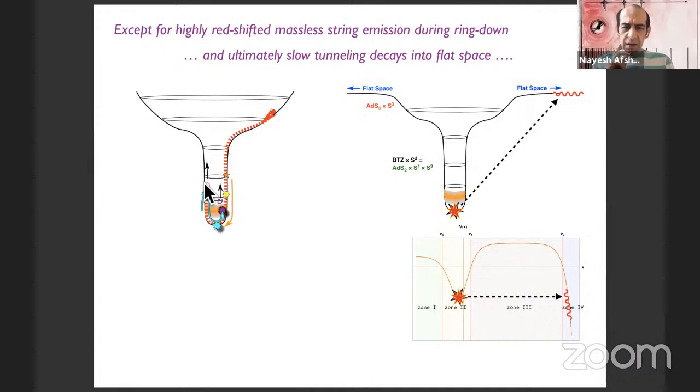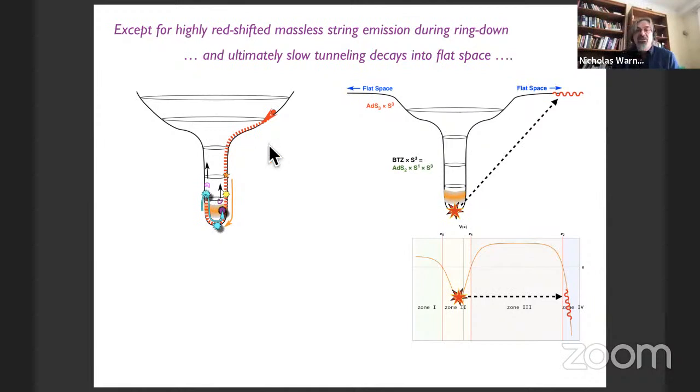But let me try to understand this a little bit better. So what you're throwing in is a very heavy string. No, anything, because what happens is it gains kinetic energy by falling in. Down here it is an ultra relativistic particle. So you are using the superstratum or the black hole as a particle accelerator.